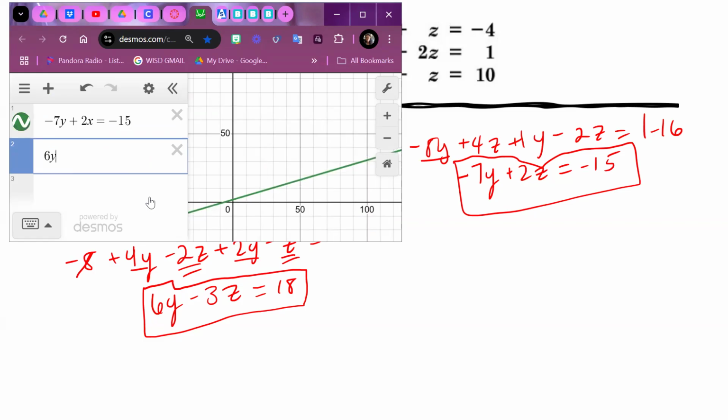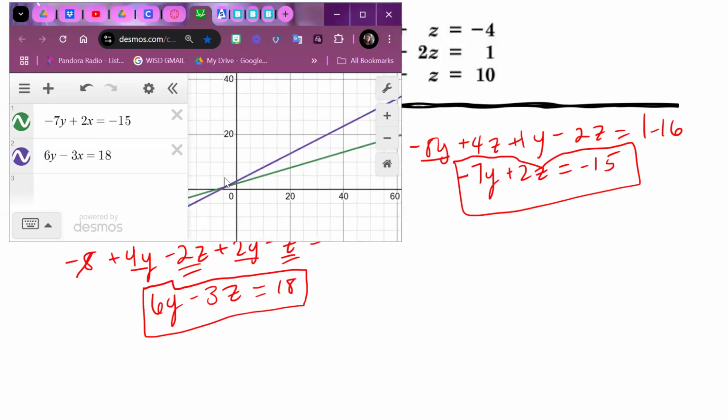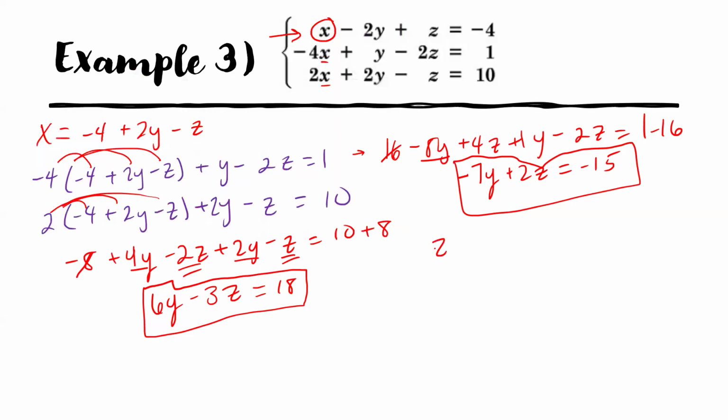Then we have 6y minus 3z equals 18. And it tells me that I get negative 4 and 1. It's not x equals negative 4. What is it? It's z equals. So we get z equals negative 4 and y equals 1.